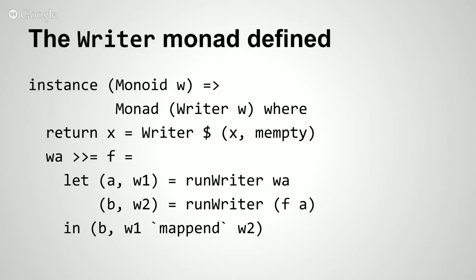So just using run writer, and then we take the A, we apply F to it. That gives us another writer action. We use run writer to get out the pair, B, W2. We throw out the A, we return the B, and our log, because that's what writer is really about, it's about an append-only log. So we append W1 to W2.